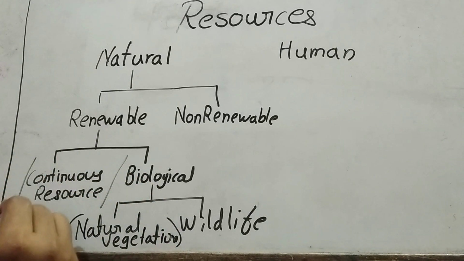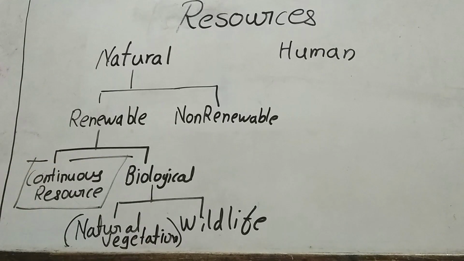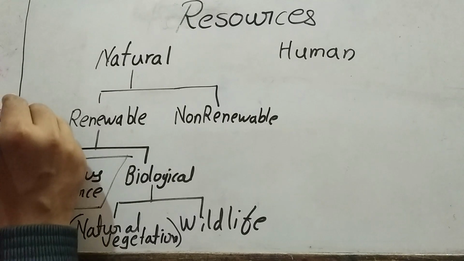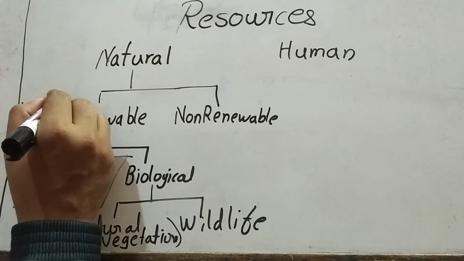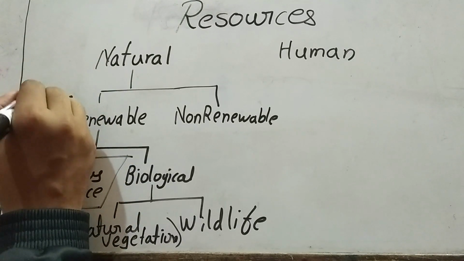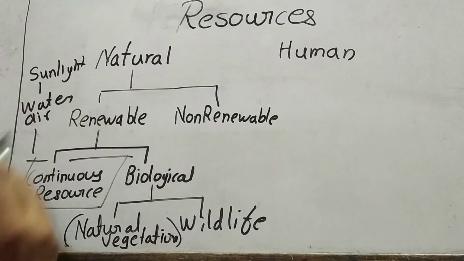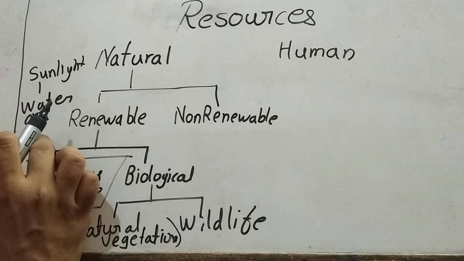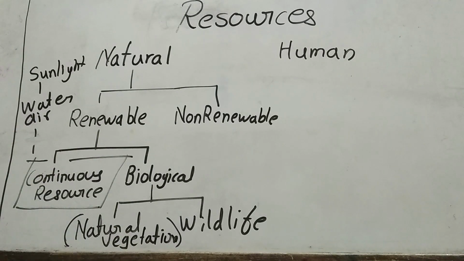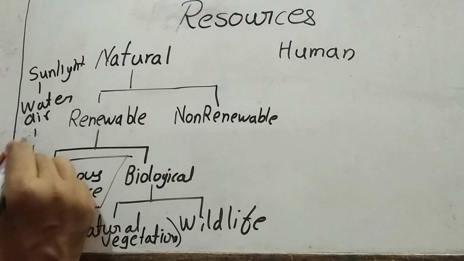Beside that, the continuous resource, which is known as water, air and sunlight. Water, air, sunlight, and we can call sometimes some amount of gases.